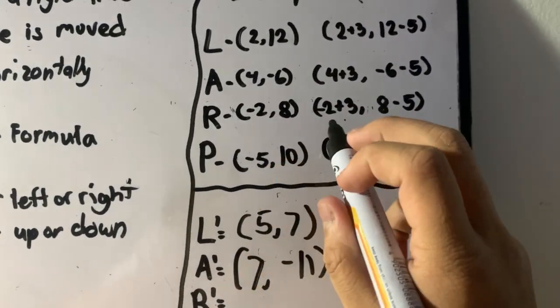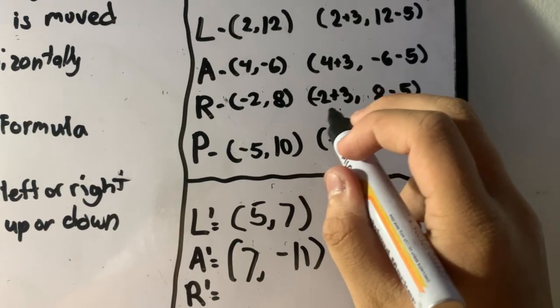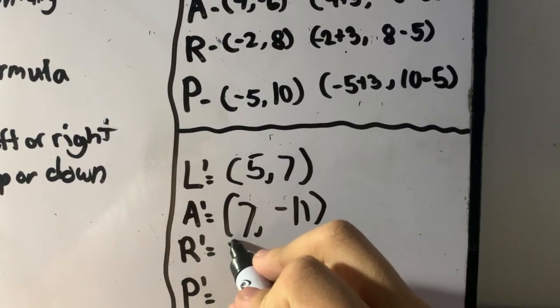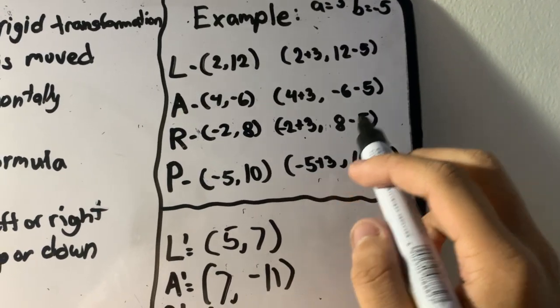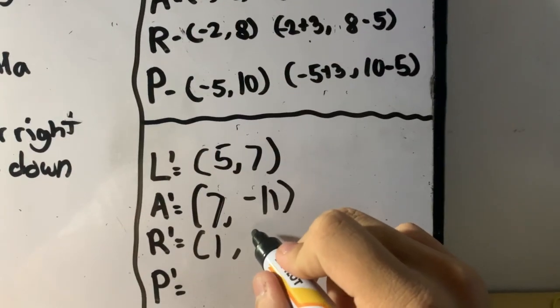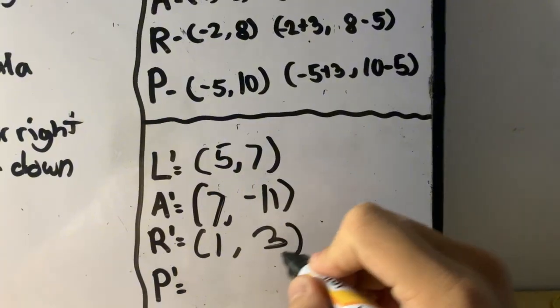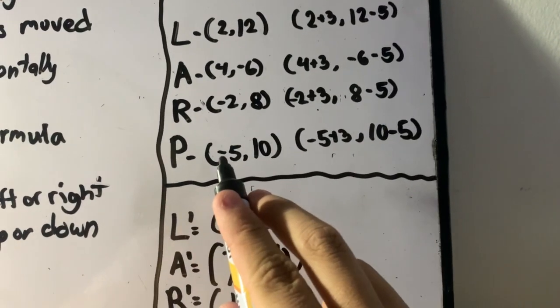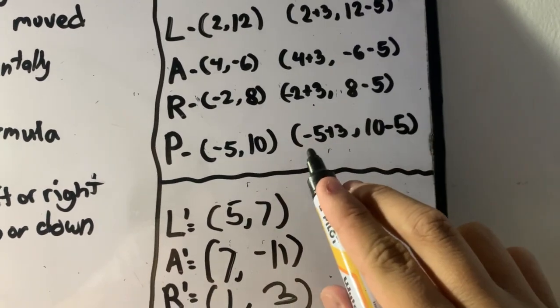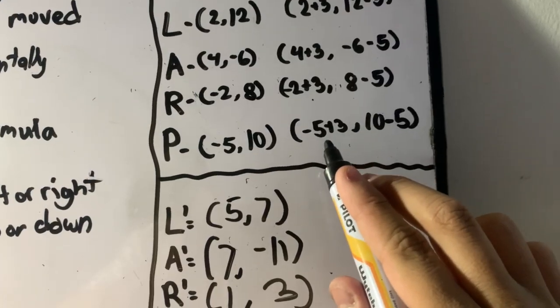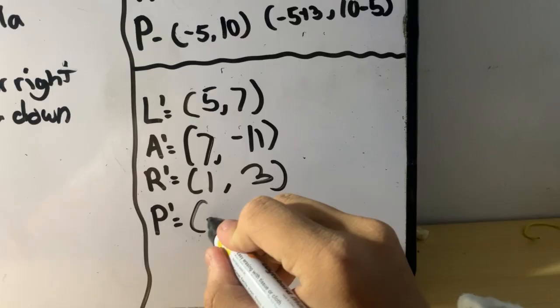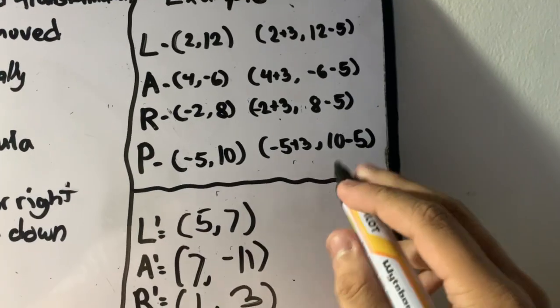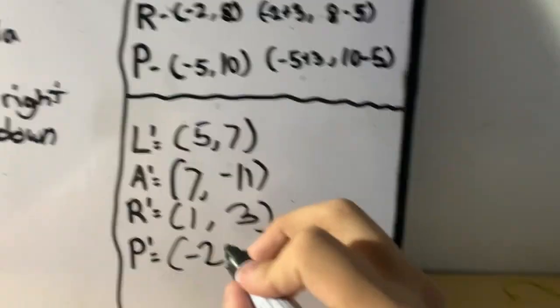Next, R. Negative 2 plus 3 is 1. Write that down. And then 8 minus 5 is 3. And P, negative 5 and 10. So negative 5 plus 3 will become negative 2. And last, 10 minus 5 is 5.